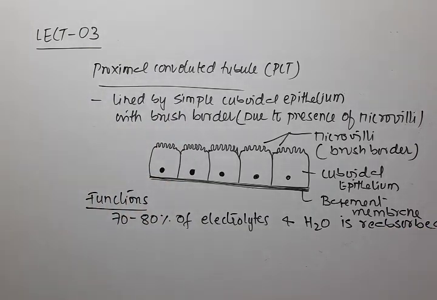We know that the filtration takes place in the Bowman's capsule. From there the filtrate enters into the PCT, and in the PCT these electrolytes and water will be reabsorbed.